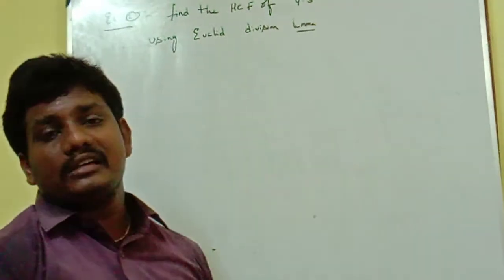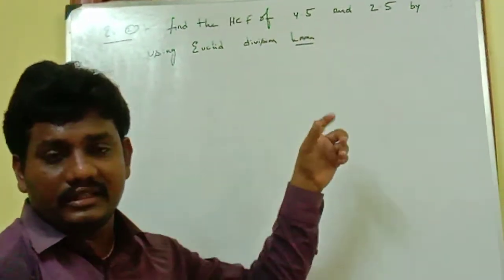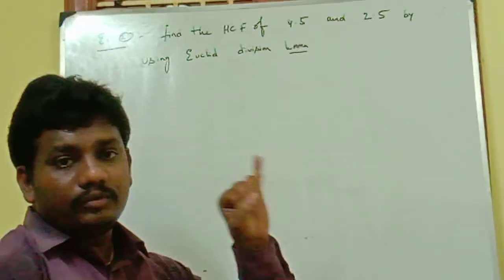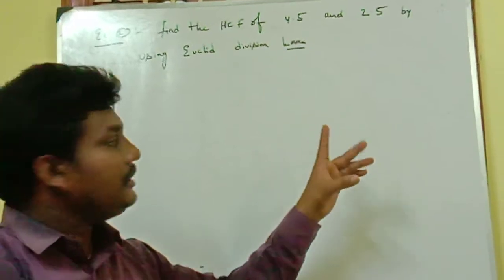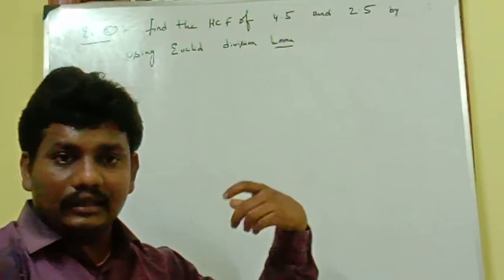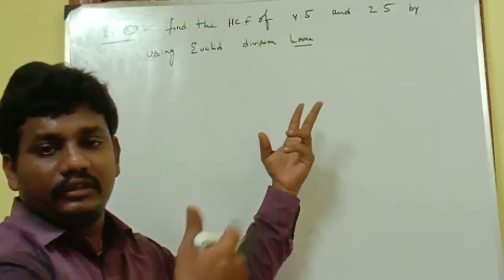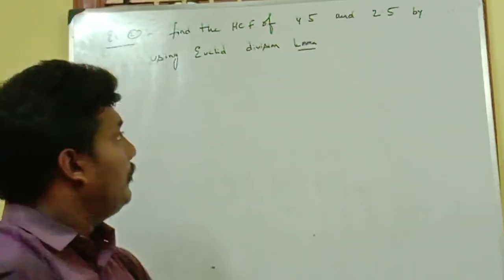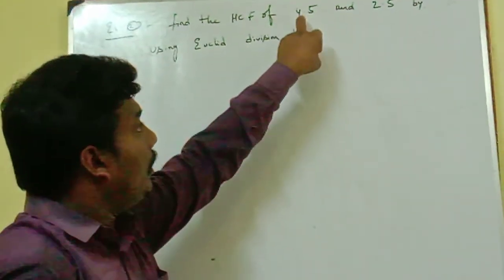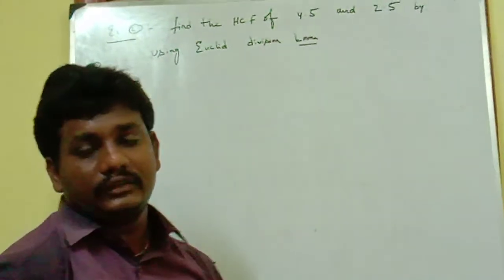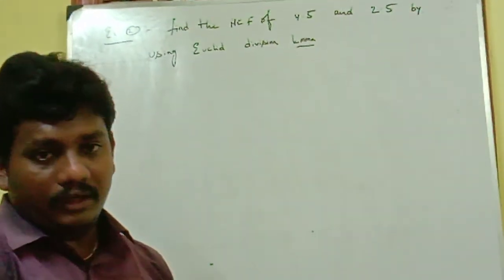It is clearly mentioned in the statement: for any two positive integers there exists a unique pair of integers. That means if we consider two positive integers, we get two more integers as quotient and remainder. But in this problem we are going to discuss how to find the HCF of decimal numbers by using Euclid's division lemma.